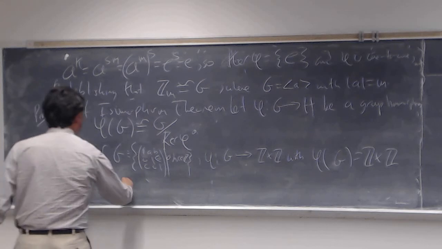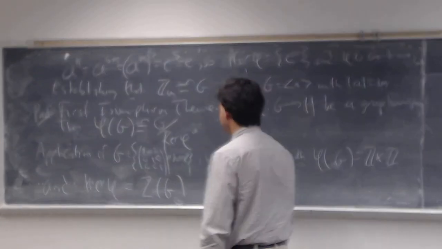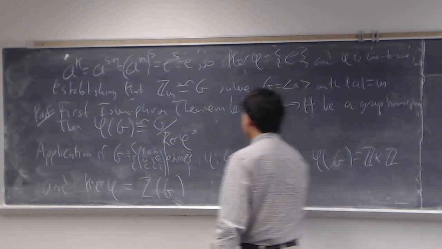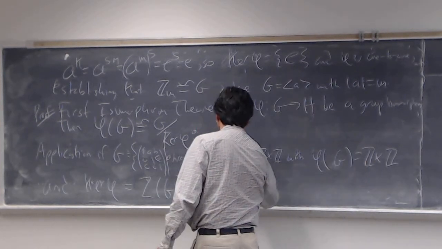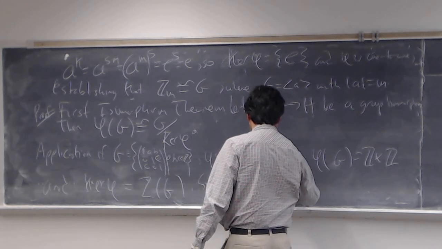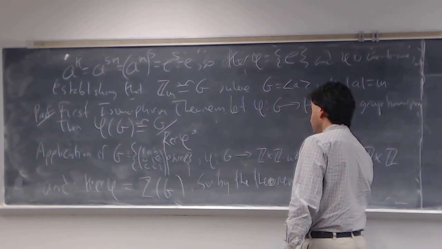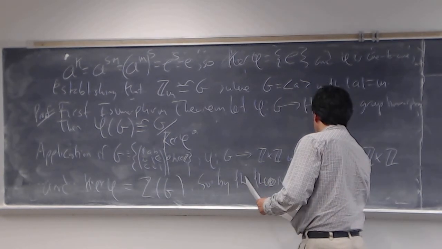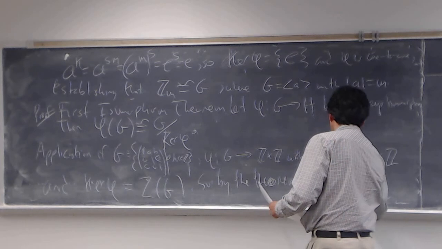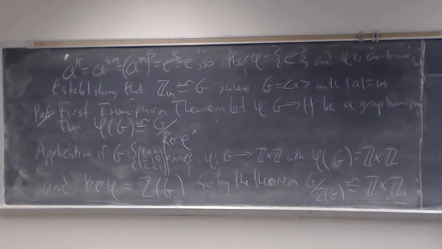The kernel of phi was exactly the center of G. So by the theorem above, we would have that G, the Heisenberg group modded by its center, is isomorphic to the group made by taking the direct product, the Cartesian product, of Z2 with itself.